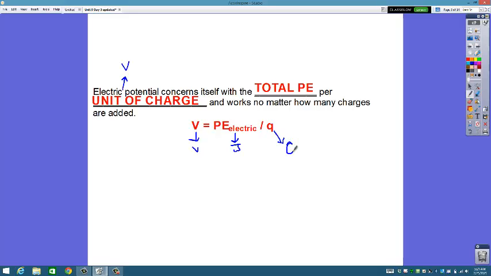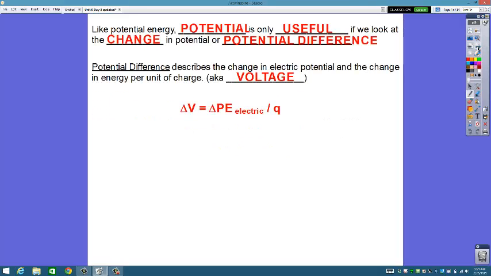That way as you're working through these different problems, look at the units and that will help you figure out what variable you have. So what potential is, okay, is we're only going to use it anytime we're looking at a difference, because what we want to see is what's going to happen as that energy is changing.